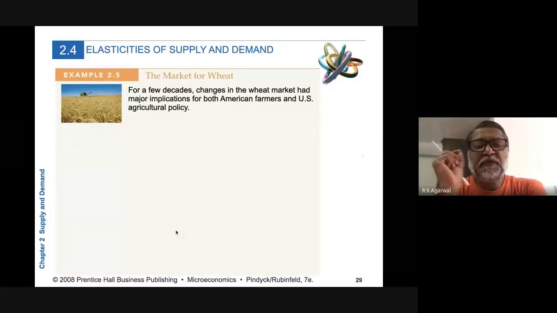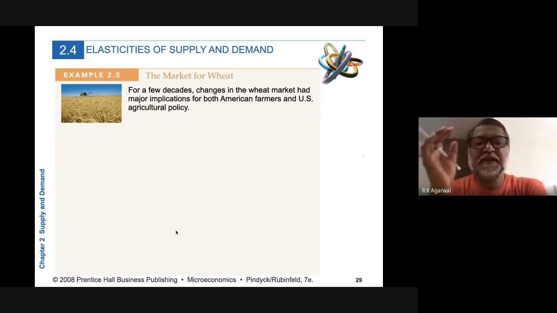And even a slight change in the price of wheat could have meant losses or profits of lakhs of rupees. So basically, changes in the price of wheat have huge implications for not only farmers, but also processors, that is, those who process wheat into flour and do a lot of other things.